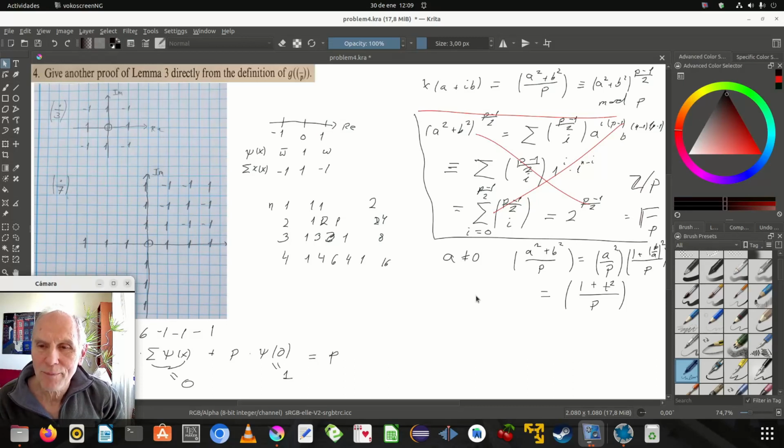Now, what was it? Oh yeah, that means that this value will give the same whatever a is, as long as it's distinct from naught. And that means the sum of all the columns give the same, and that must add up together with this to unity.